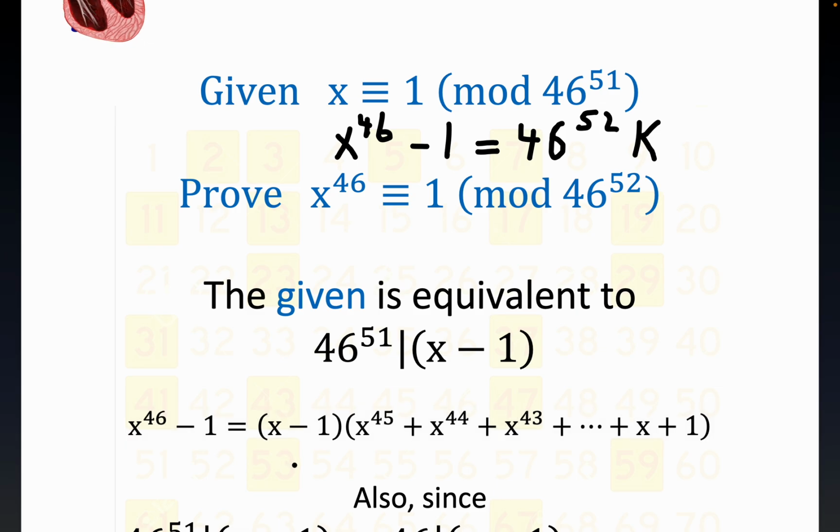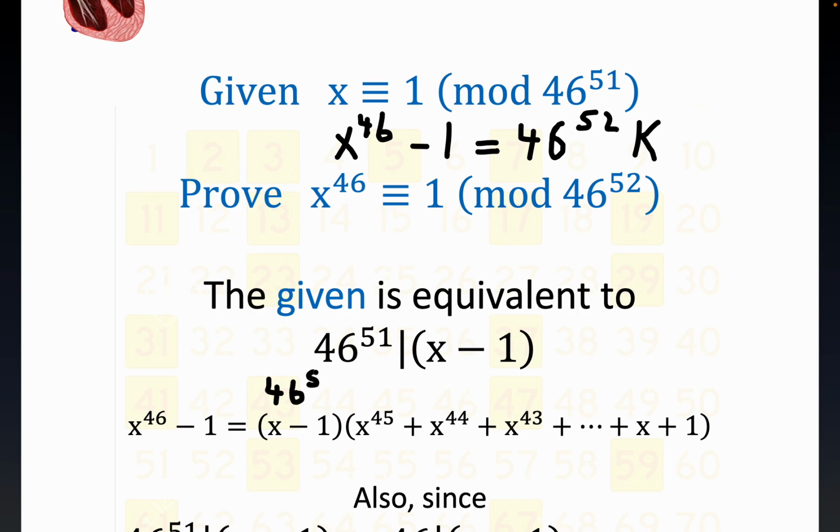Now we already know the given tells us that this piece right here is a multiple of 46 to the 51st. So I'll write this directly above the factor x minus 1, intending to convey that it's a multiple of 46 raised to the 51st power.